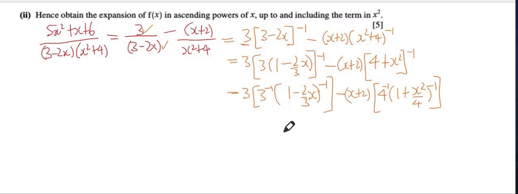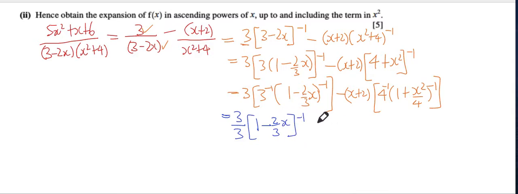Okay, now, if I take out this 3, 3 to the power of negative 1 is the same as 1 over 3. So it should be 1 over 3 times 3, which is 3 over 3. So what's inside is (1 minus 2 over 3 x) to the power of negative 1.